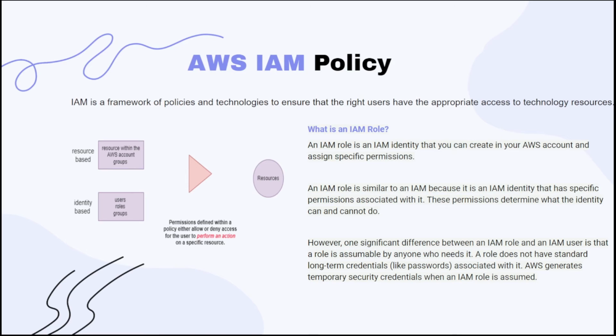A role does not have standard long-term credentials like a password associated with it. It's not like a user. The user can have a password to access. A role, no. It is a set of permissions, a set of policies. You see the differences between them? So AWS generates temporary security credentials when an IAM role is assumed.